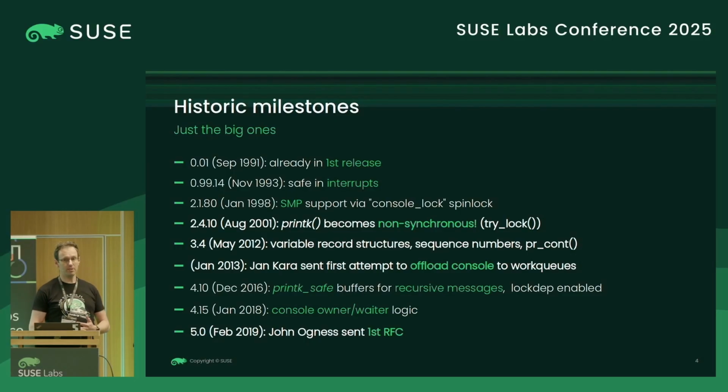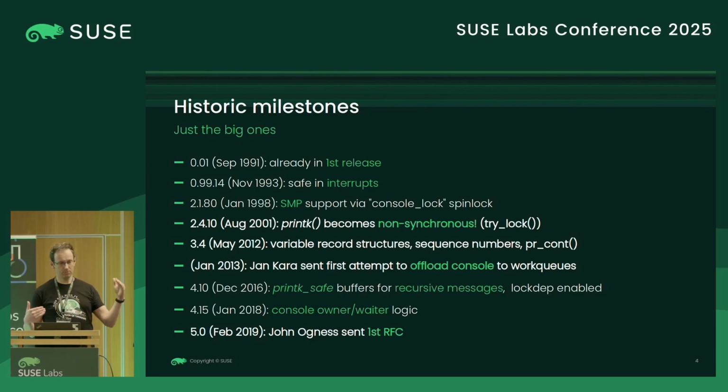One problem was that machines started to appear with a huge number of CPUs and a huge amount of added hardware like hard drives, network cards, and so on.